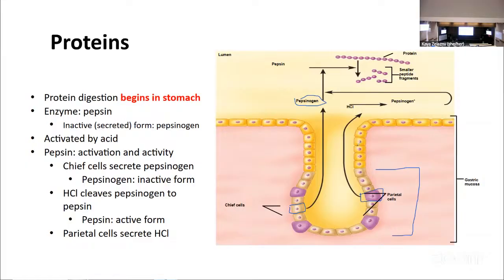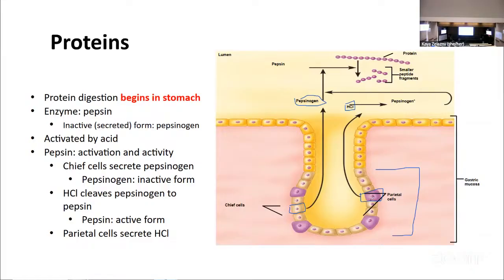So what we're going to end up with basically is hydrochloric acid coming from our parietal cells. That's the full form of this acid. So pepsinogen, which is inactive, from the chief cells, and very strong acid, hydrochloric acid, coming from those parietal cells.